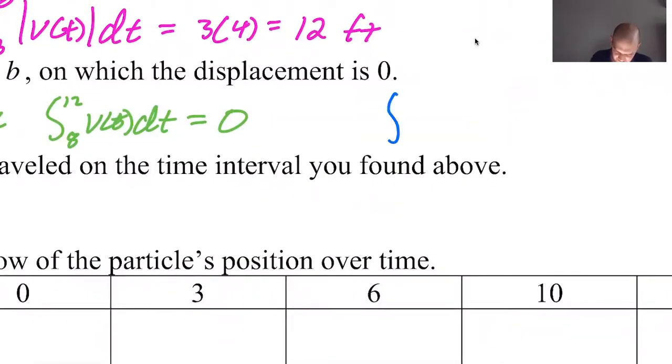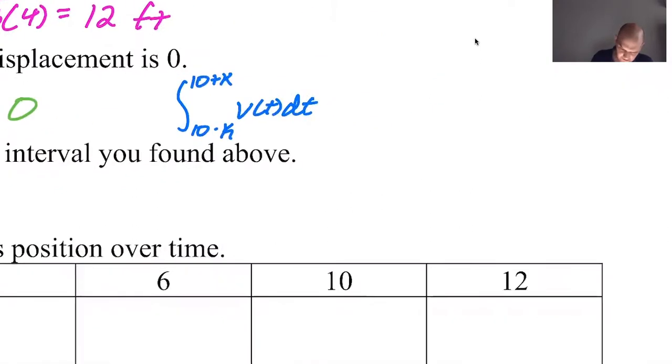I'm going to say the integral from 10 minus k to 10 plus k of v of t dt equals 0 for k an element of 0 to 2.